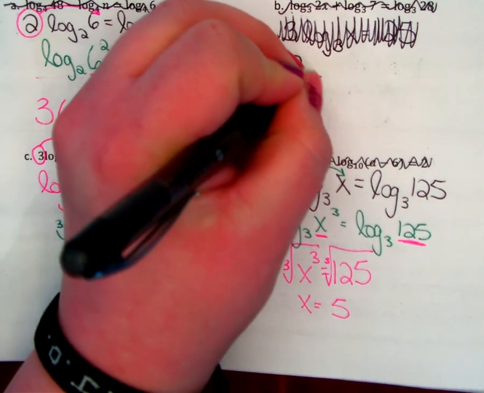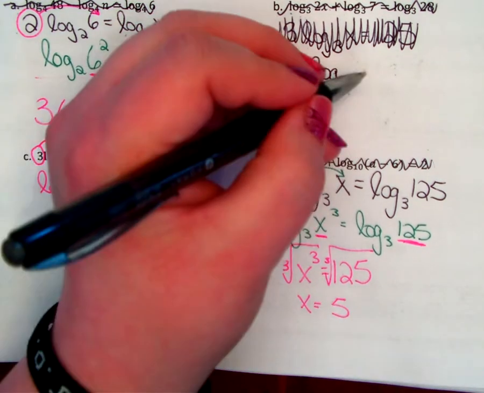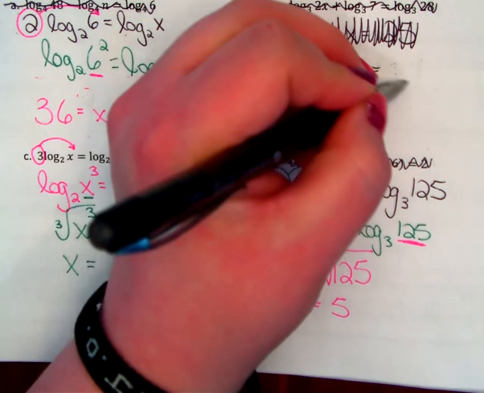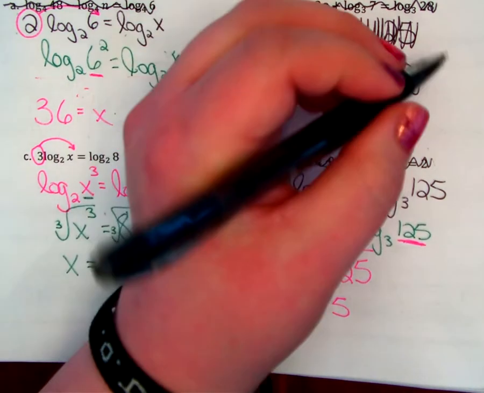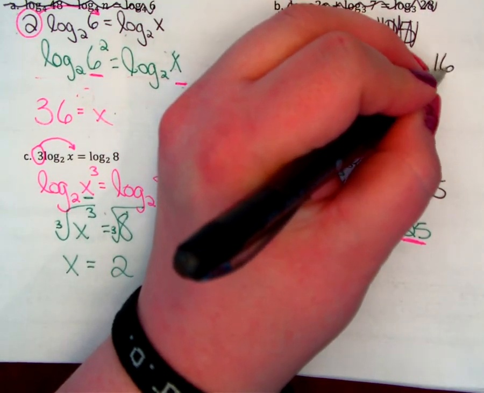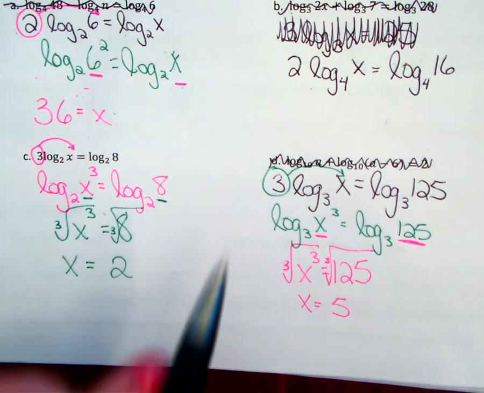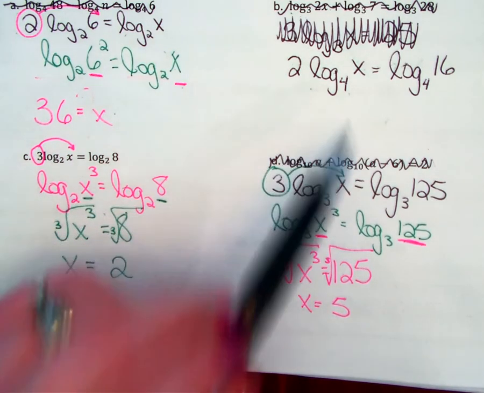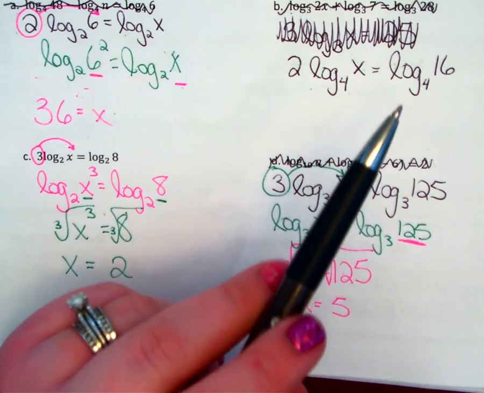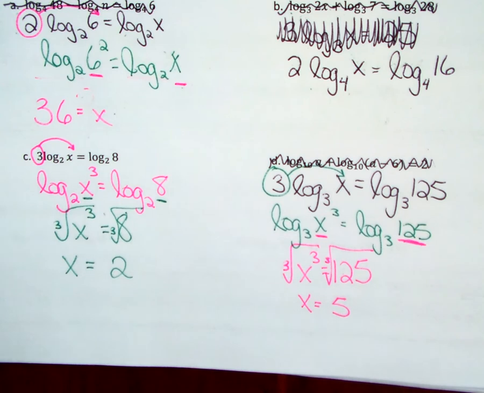So let's do 2 times log base 4 of x equals log base 4 of 16. Okay, so I know that this is a really simple problem for you to be able to do. You can evaluate this side and then translate, but it illustrates the problem that I was trying to show you.